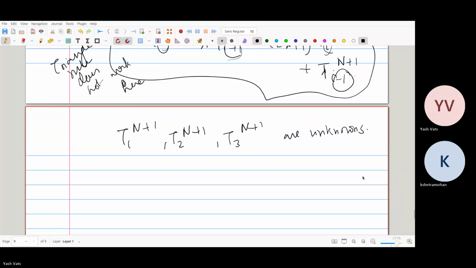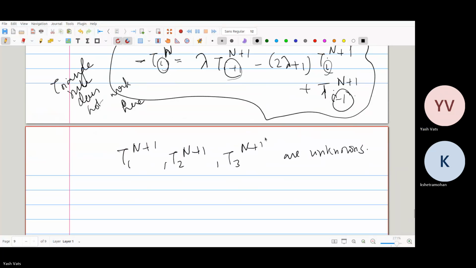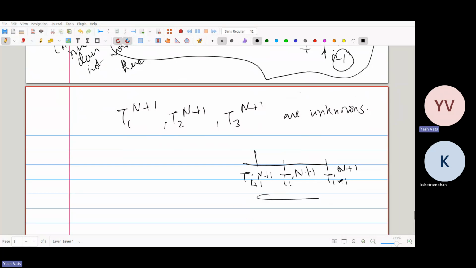If you plot this, T_i at n plus 1, that is T_{i+1}^{n+1} and T_{i-1}^{n+1}, and T_i^n is here. So you can find T_i^n using these three. The triangle is going in the backward direction in this case, right?